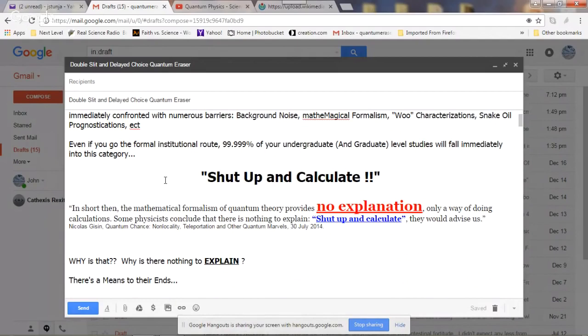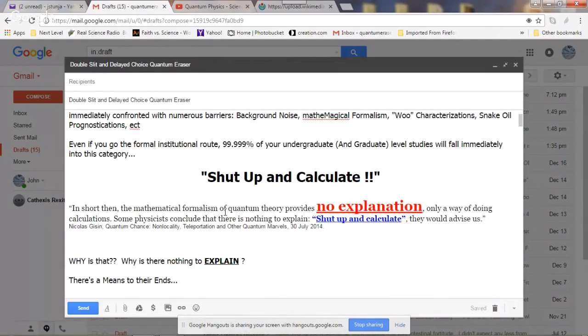Nicolas Gisin, a professor of physics at Geneva University, says, in short, then, the mathematical formalism of quantum theory provides no explanation. Why? Well, we talked about this before. Mathematics can only describe. He goes on to say it is only a way of doing calculations. That's all it does. Some physicists conclude that there is nothing to explain. Shut up and calculate, they would advise us.